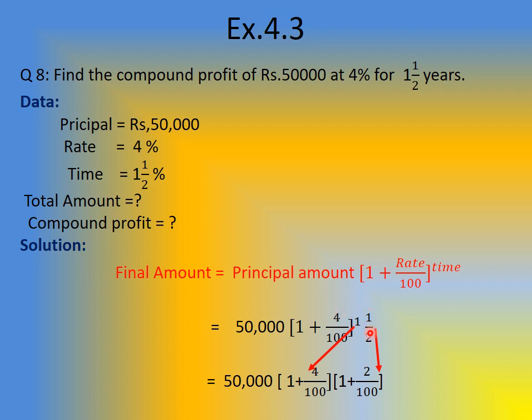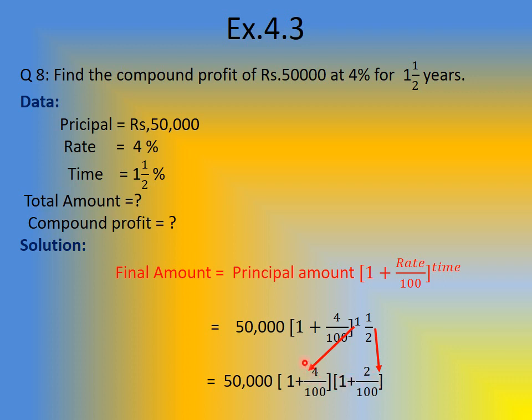Now look at this step very carefully and try to understand what I have done in the next part. As you know, here we have 1 plus 4/100 and the time is 1 year and a half year. This is the value for 1 year. The rate would be 4/100, but for the half year the rate would be half, so this 4 will be converted into 2/100.